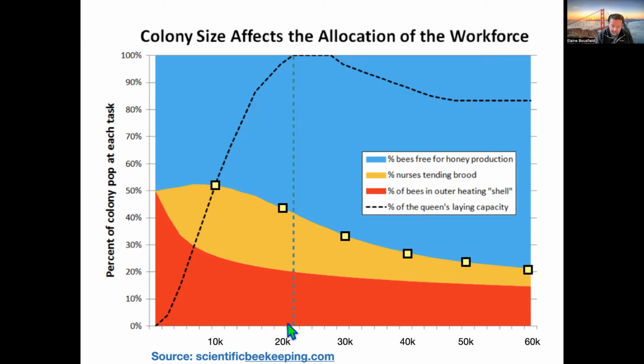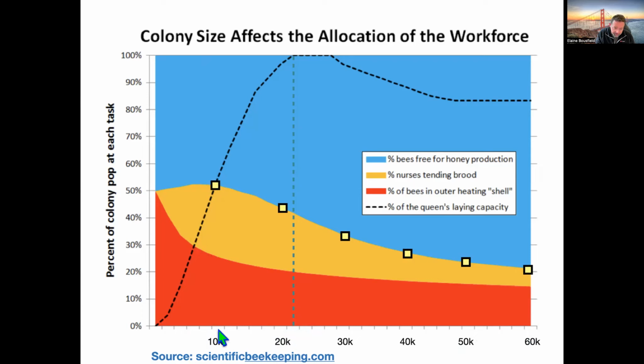So here's a brood box, and then this is one of those larger colonies. And the blue area is the foragers, and the rest of them are the housekeeper bees, the ones that are feeding larvae and doing various duties in the hive.